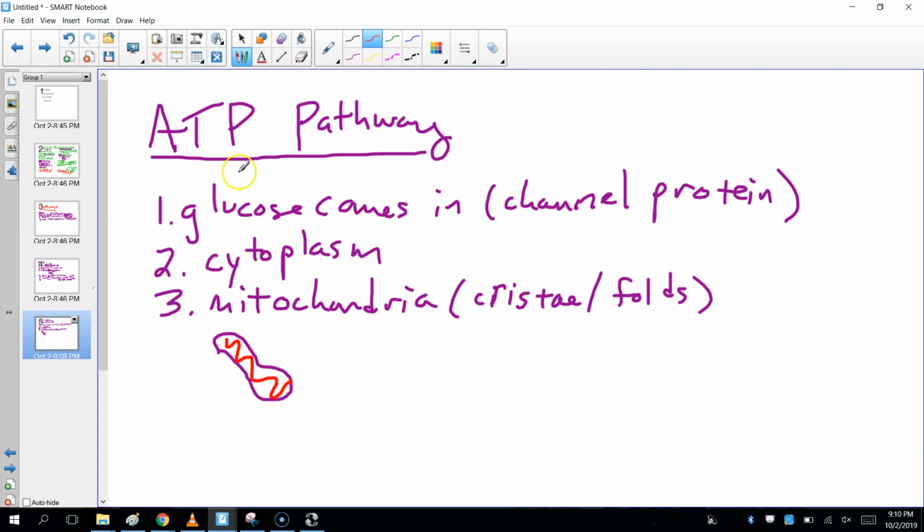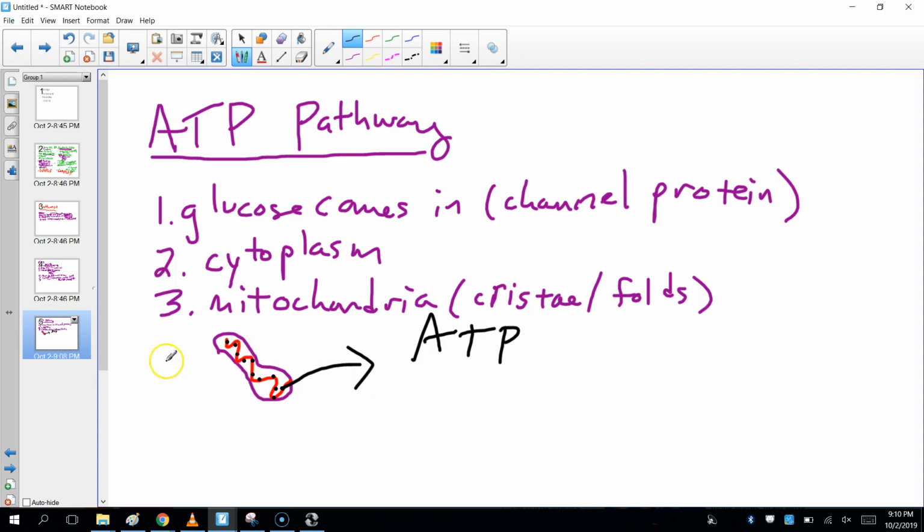And what that does is it allows for many glucose molecules to come into the mitochondria, like I'm talking lots, and then the glucose molecules will be converted into ATP. Okay?